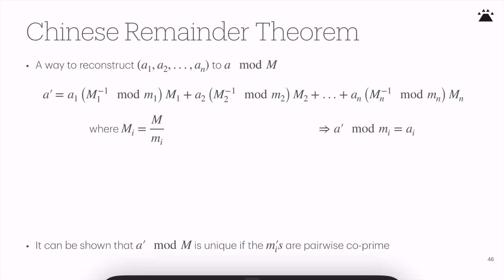If M is the product of all m_i's, then big M_i is the product of all m_j's except for m_i. Another way to write it would be the product over j not equal i of m_j. You take all the m_j's and you drop out m_i.